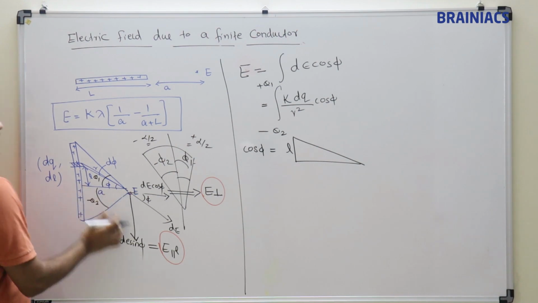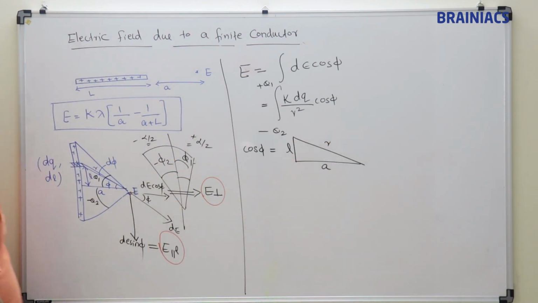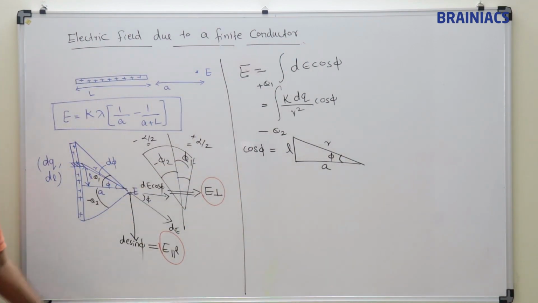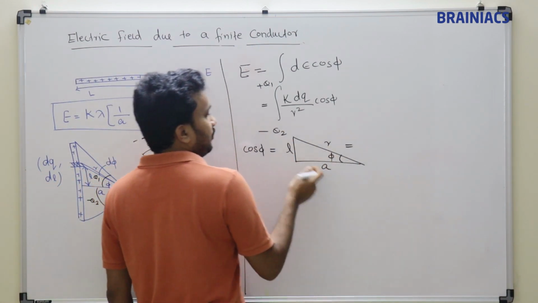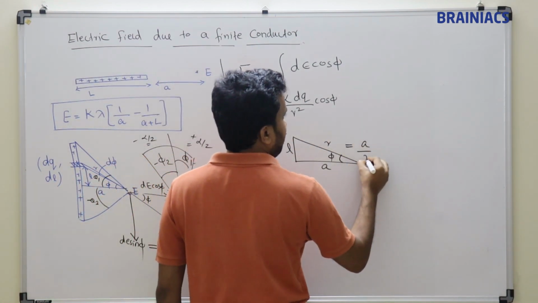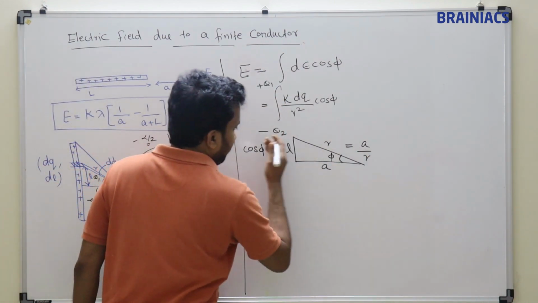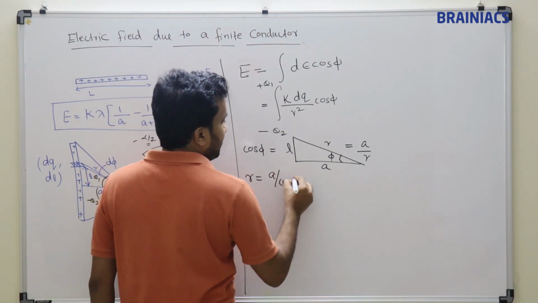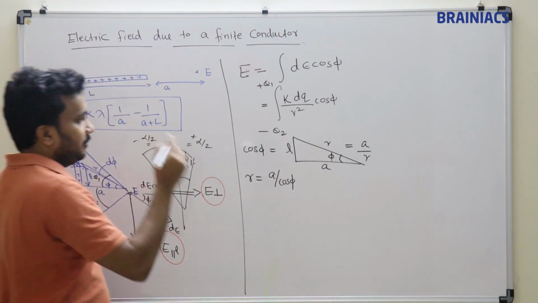This length A is marked, and this is R, and this angle is phi. So what is cos phi from this triangle? Adjacent side by hypotenuse. So cos phi will be equal to adjacent side A divided by R. From this, R will be equal to A by cos phi. We will substitute there.